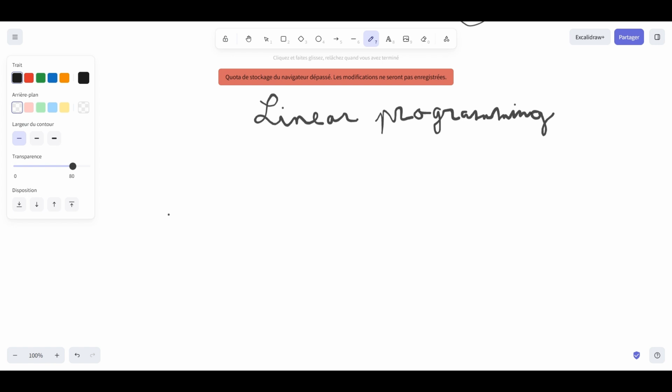A linear programming problem is defined by a triple (c, A, b), where c is in R^n. Anyway, here is the form.